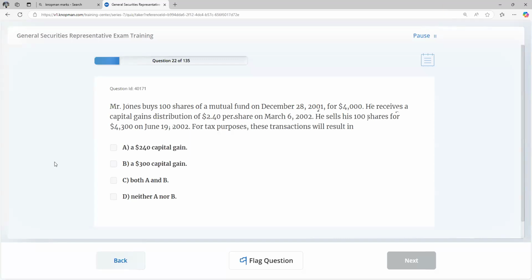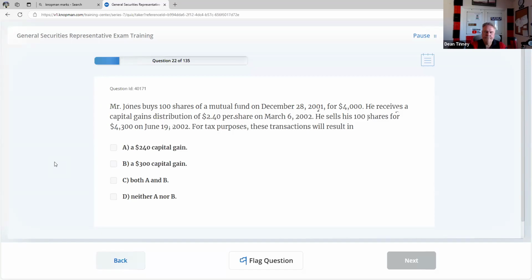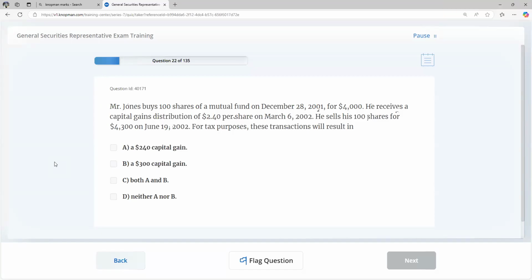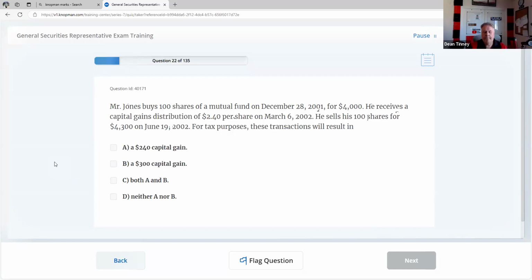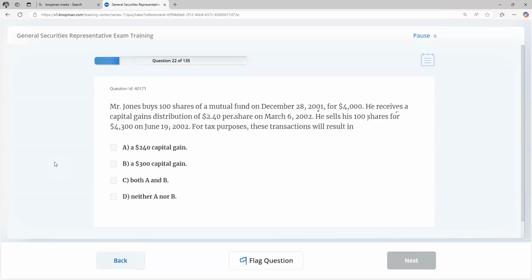I need to write this down. He buys 100 shares on the 28th for $4,000. That's right. So he buys 100 shares on December 28th for 4,000, 2001.